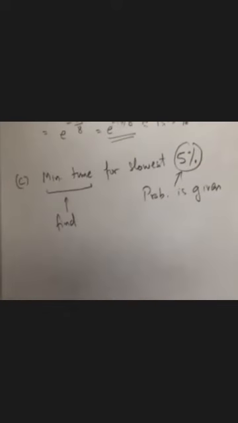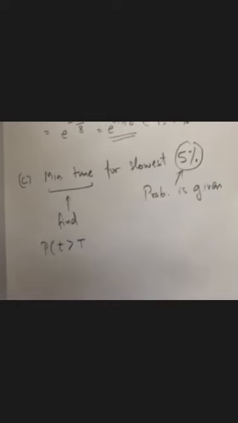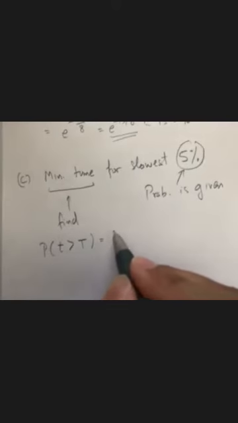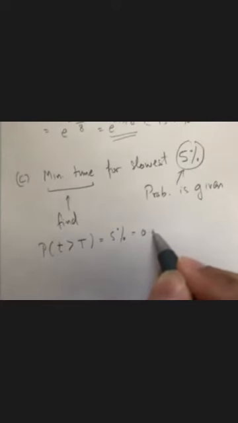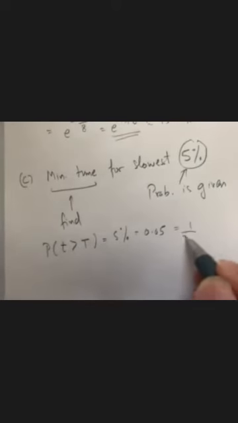So we have to solve an equation of this type. What is this capital T such that the probability is 5%? 5% means 0.05, which in fraction form means 1/20.